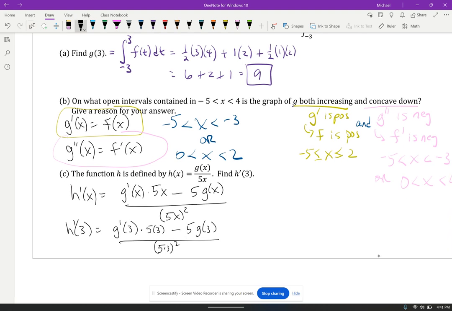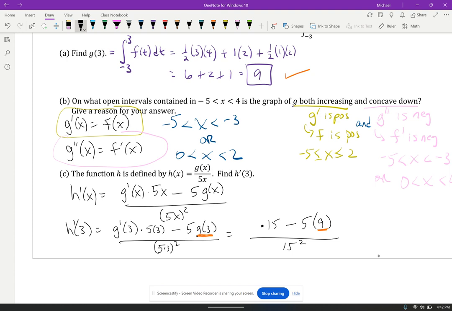G of 3 we found in part A. G of 3 is 9. So it's going to be times 15 minus 5 times 9, because I know that from part A. Also, I can do the denominator and just do 15 squared, which is 225, but we'll leave it as 15 squared.